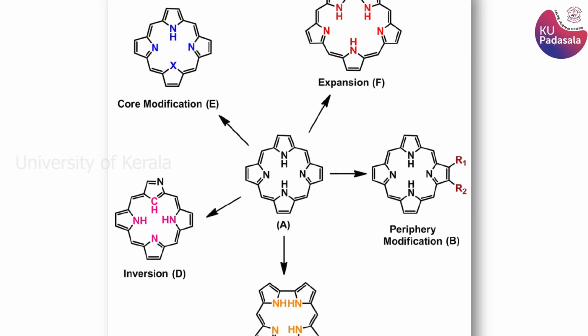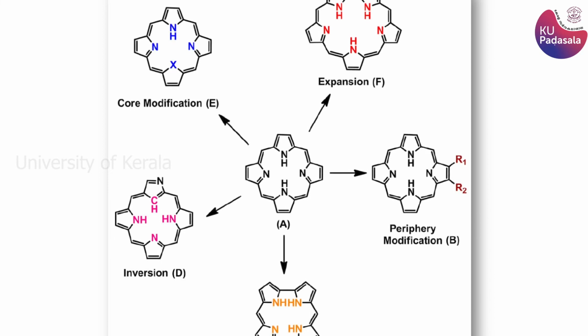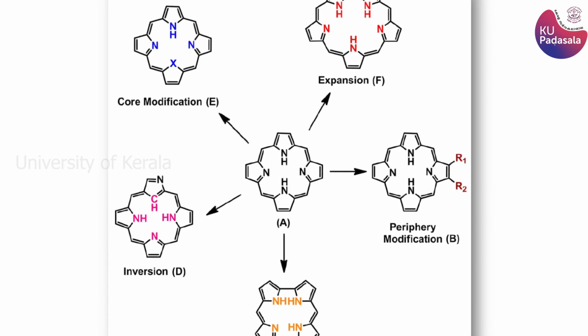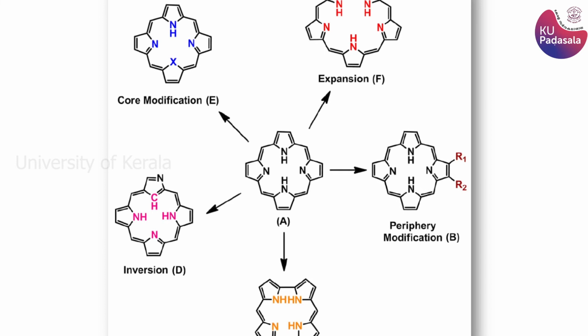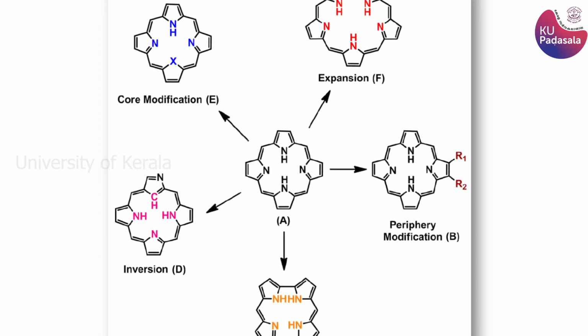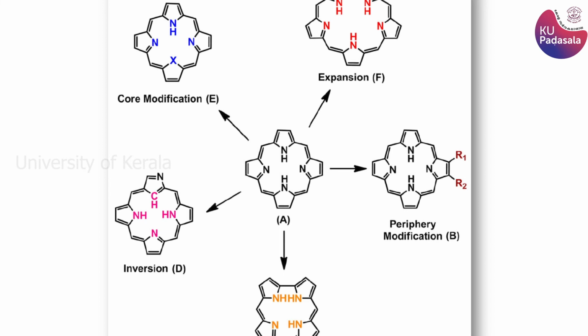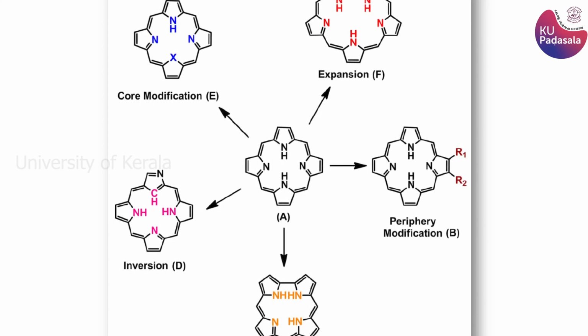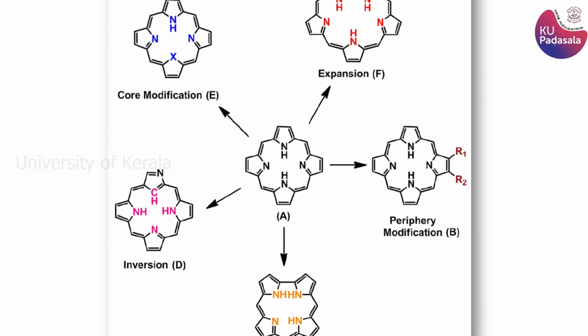When you look at the porphyrin structure, all 4 pyrrole rings are connected by alpha-alpha linkages, and in the inverted or confused porphyrin structure, one of the pyrrole rings is flipped to make an alpha-beta linkage. It's not only one pyrrole ring; different rings can also be flipped, which makes more confusion. I am not going into those details.